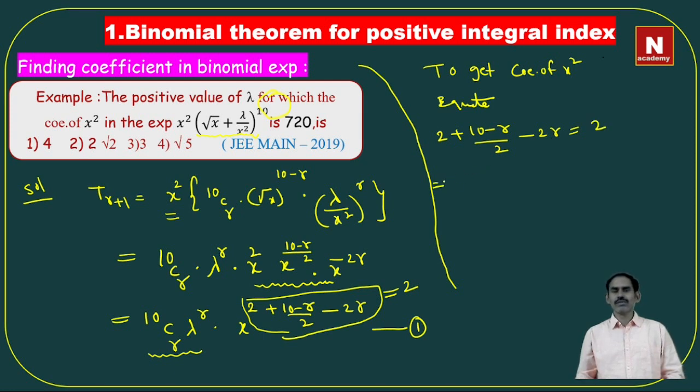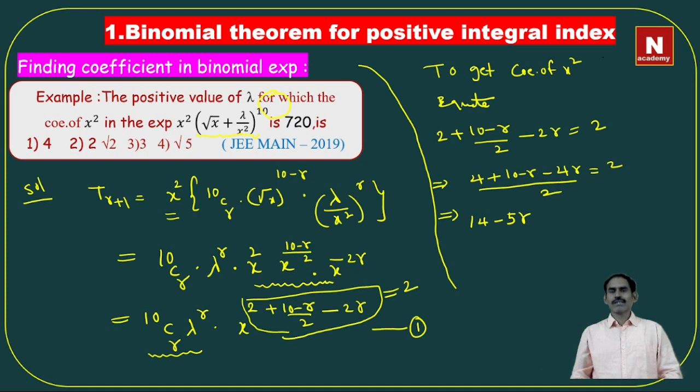Take LCM 2: (4 plus 10 minus r minus 4r) by 2 equals 2. That implies 14 minus 5r equals 4, so 10 equals 5r, that implies r equals 2.